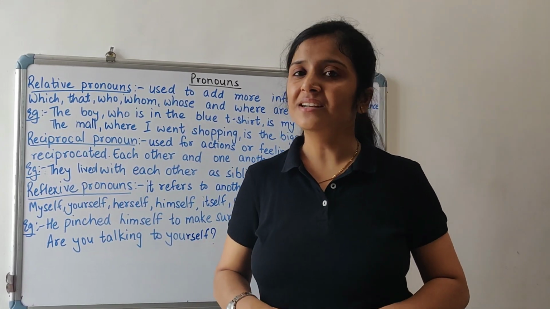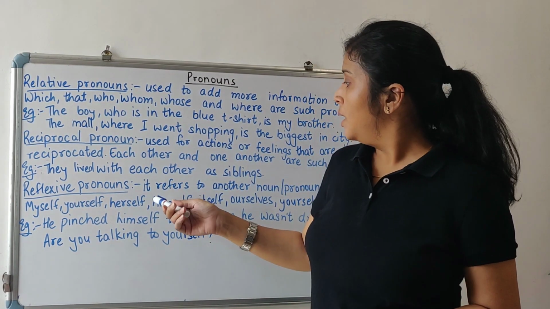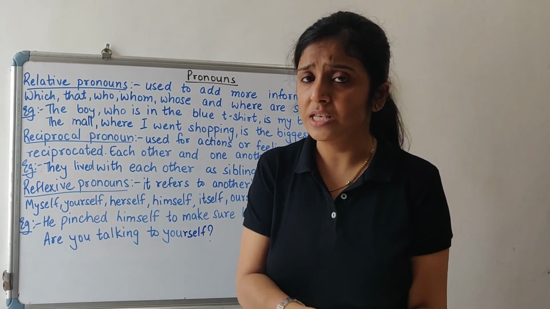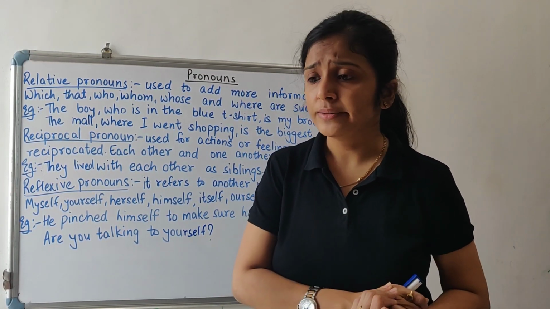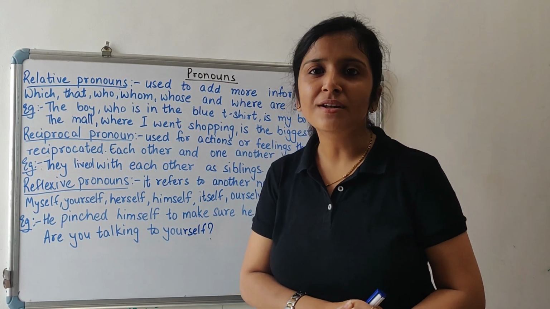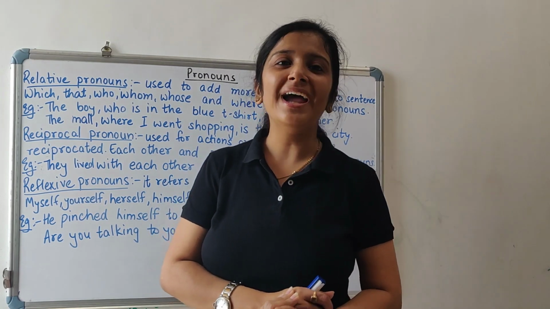Let's take the last one, that is reflexive pronoun. So what is a reflexive pronoun? A pronoun that refers to another noun or pronoun in the same sentence, such as I was in a mood to treat myself. That means I was probably happy someday, and what did I do? I treated myself.